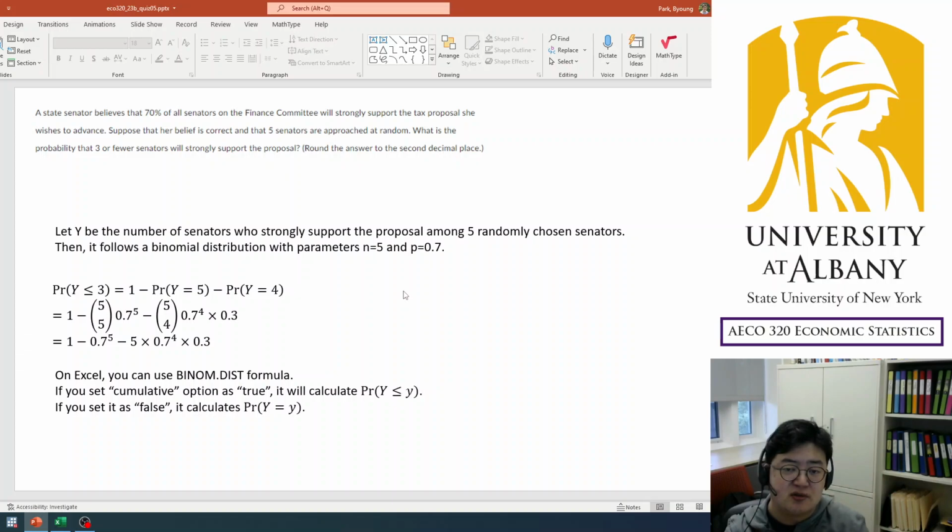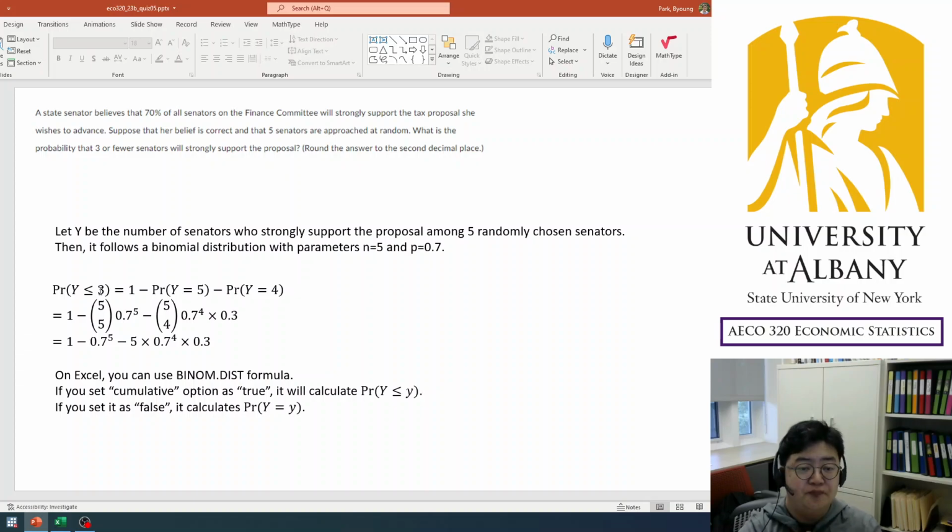So one senator is one experiment, and the probability of support is 70%. So P is 70%. We are wondering about the probability that 3 or fewer senators will strongly support, so we are calculating the probability that Y is smaller than or equal to 3.